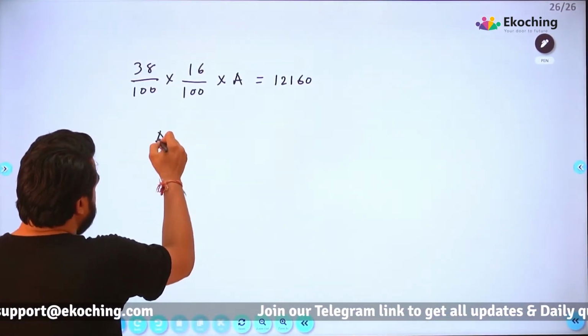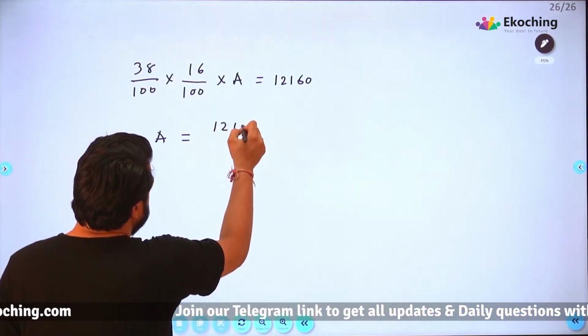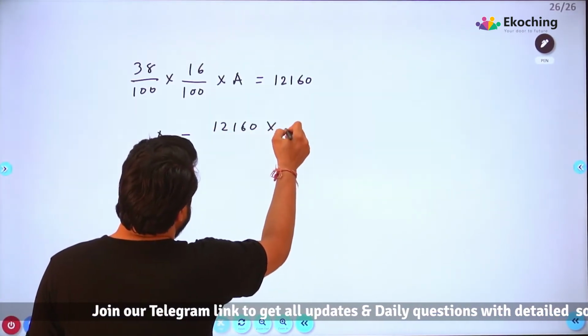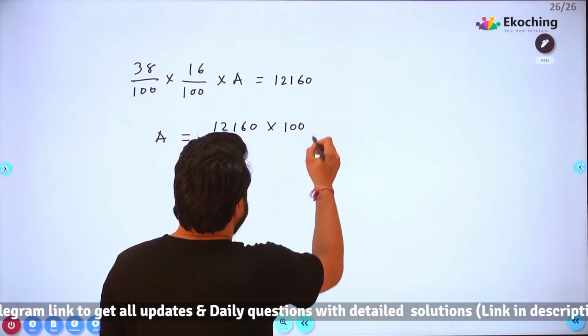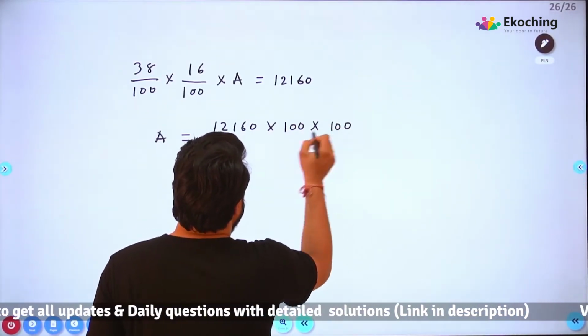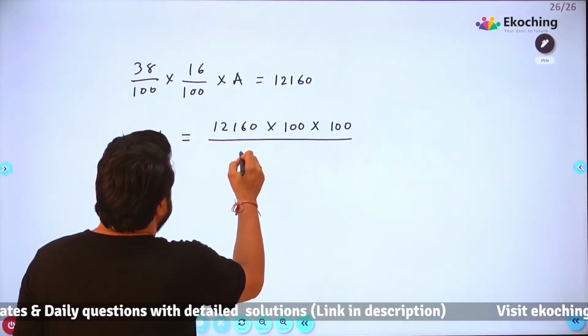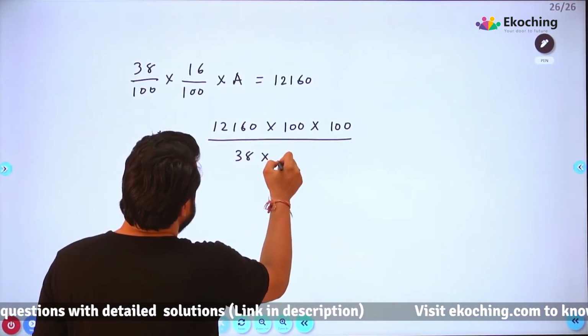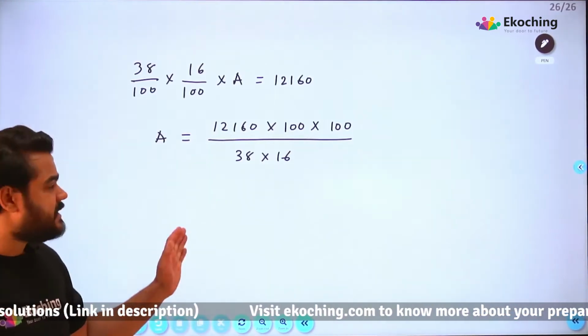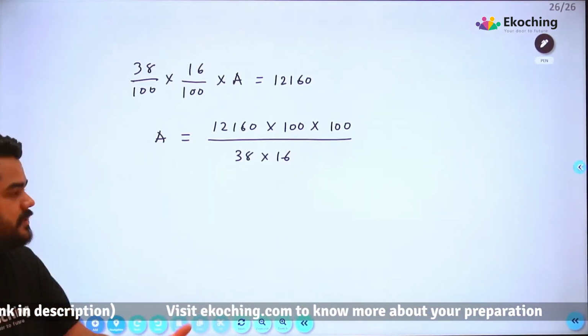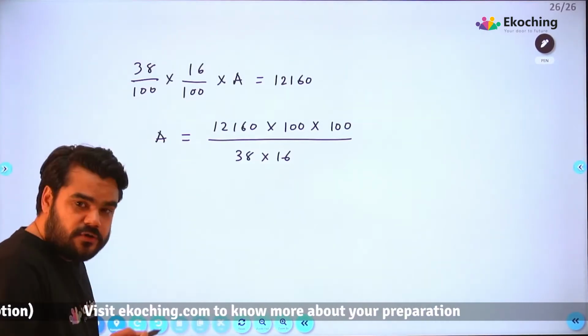So can I say A is nothing but 12160 into 100, sorry, into 100 divided by 38 into 16. Right? As of now, this is clear. We are just making A the subject of the equation.